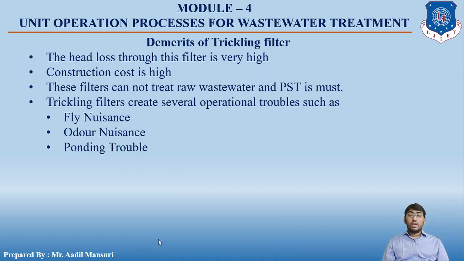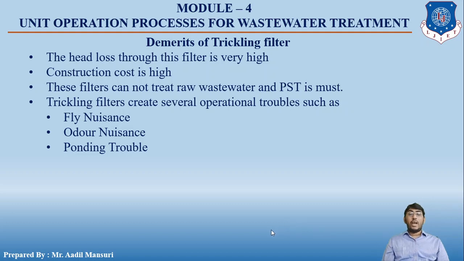Then the third problem is the ponding trouble. Ponding trouble: when filter media is clogged, flooding occurs. So when you sprinkle the wastewater on the filter media, and it gets clogged, and you go on sprinkling the wastewater, then flooding occurs.